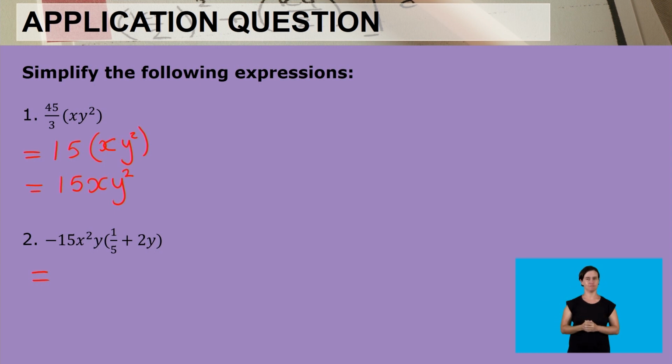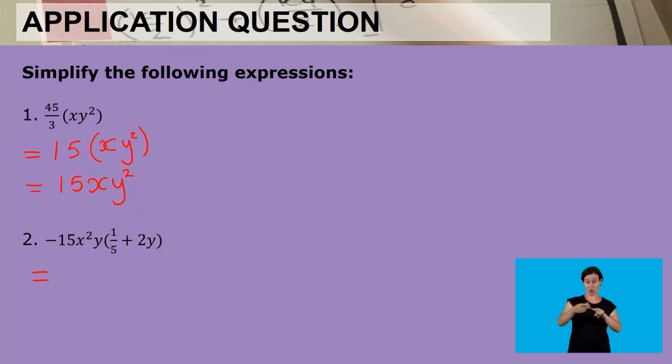We are going to start with the integers, and if there are any variables that need to be multiplied, then we are going to multiply those variables. Of course, keeping in mind our exponent laws. If the powers have the same base and we are multiplying, then we are going to add those exponents. Let's see. So we are going to say here a negative 15 multiplied by 1/5.